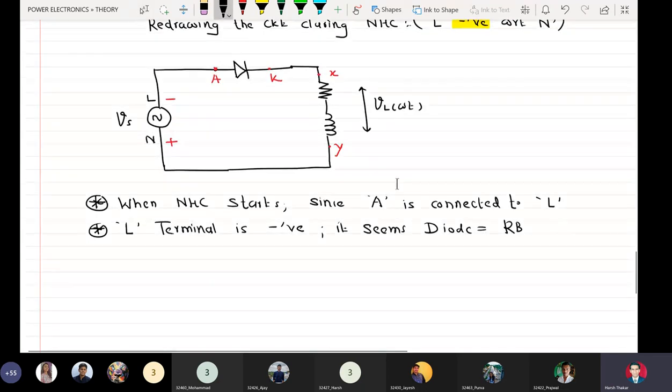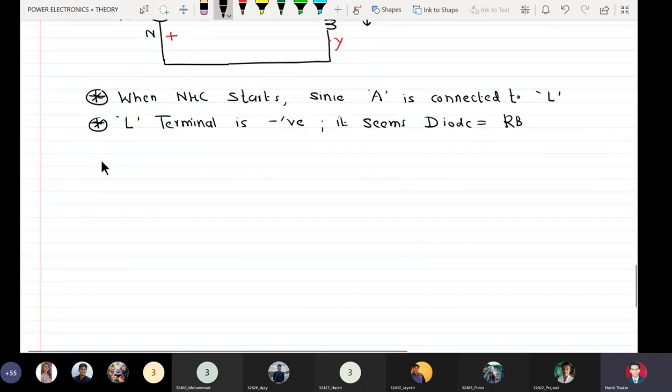Now students, assume that when the negative half cycle has started at omega t equal to pi, the potential at L is very small, but it is negative.